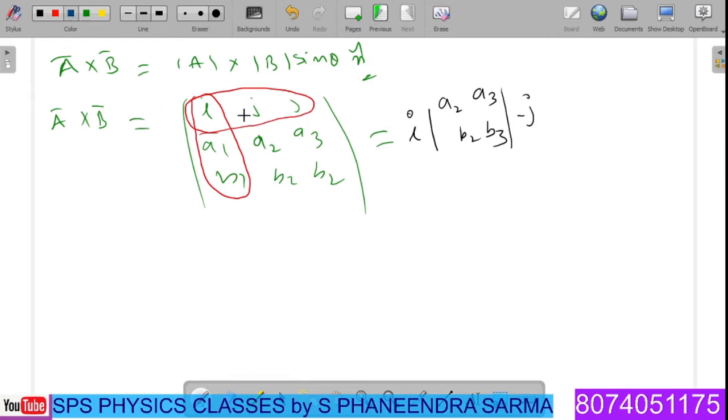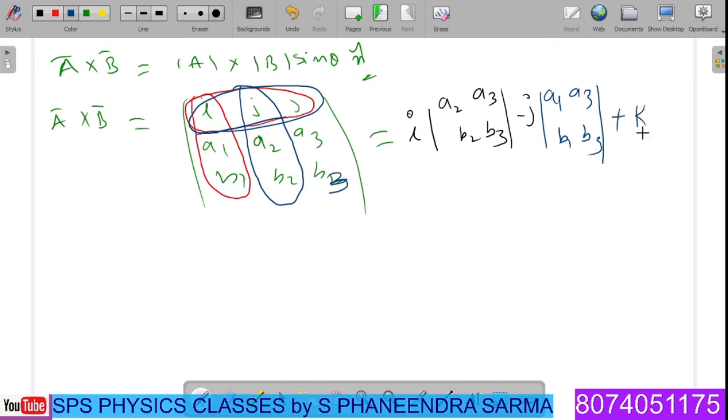Then for j, you close that particular row and column like this. What are the remaining entries here? The modulus of a1 a3 b1 b3. Then plus, alternating signs plus minus plus, for the last you close that row and column, and what we have here is a1 a2 b1 b2.